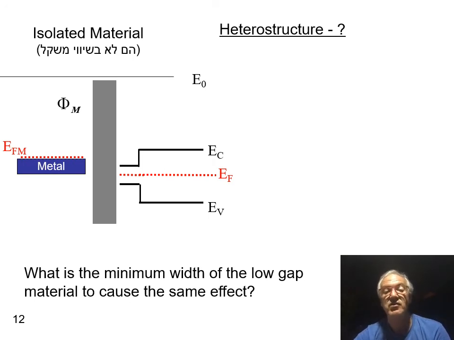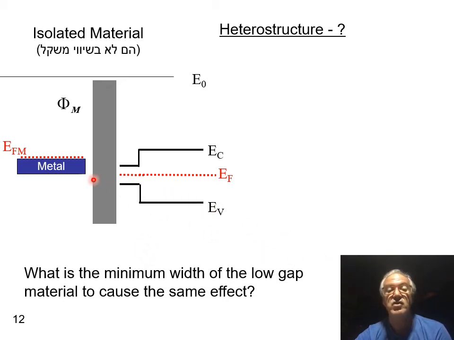Speaking of that, let's look at the heterostructure. Now we have our semiconductor, and we have here a low band gap semiconductor in the middle, close to where the metal is going to make contact.